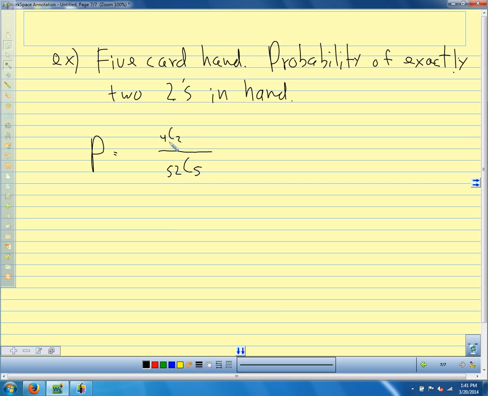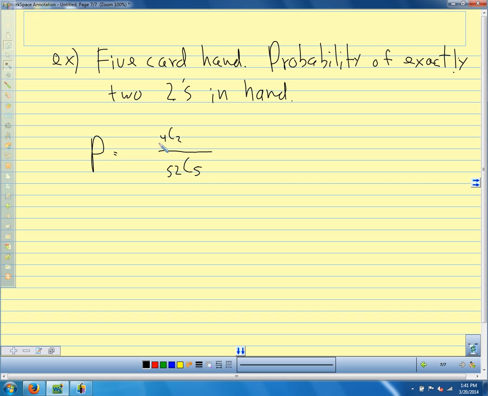But for each of those groups of 4 choose 2, we also have all the different ways that the other 3 cards could be arranged. So once we have those cards out of there, how many cards do we have left to choose from?